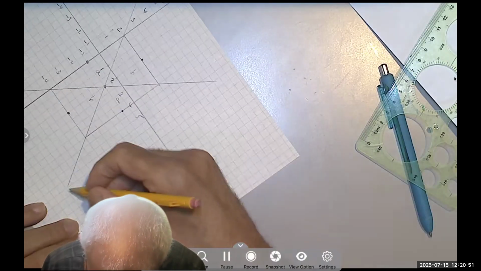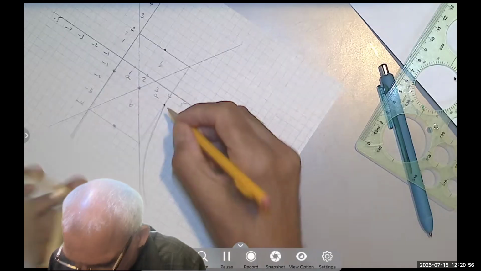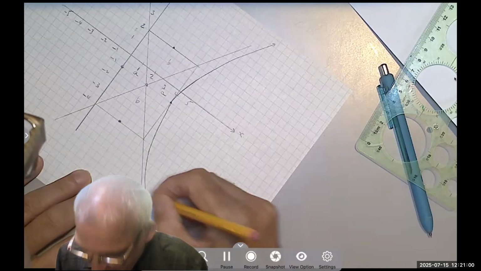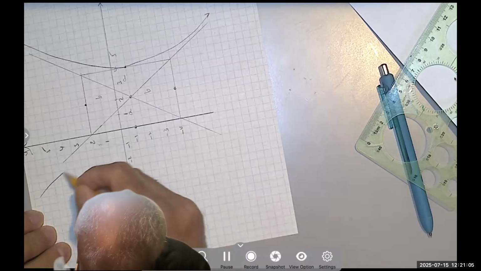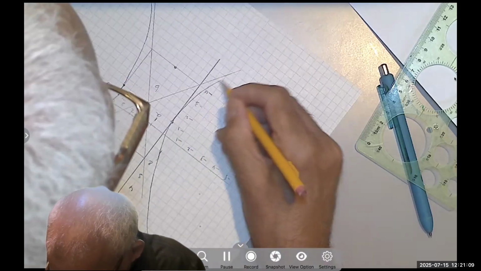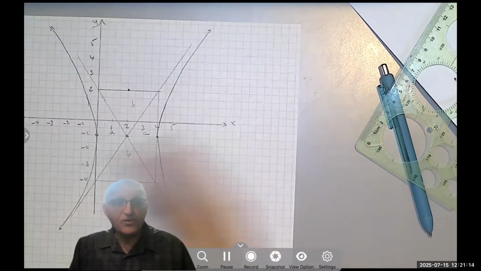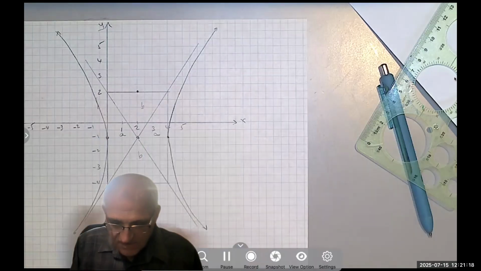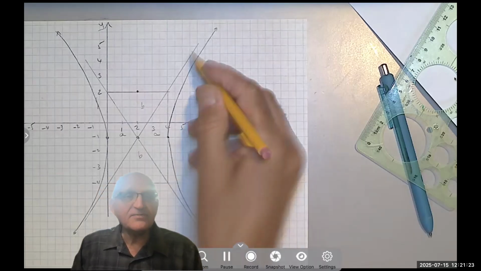It's asymptotic here, and then it's going to go touch this vertex and come back asymptotic with the diagonal. This one also comes where it's asymptotic here, touches, and then goes down asymptotic to these diagonals. And here we go.